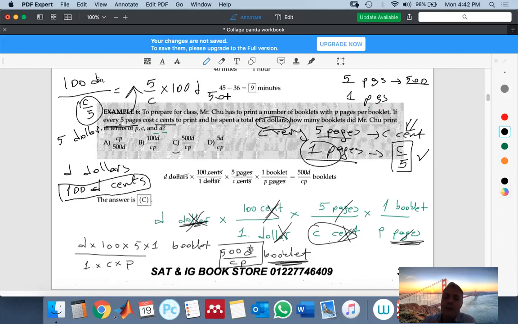So it will be 500D over C. And 500D over CP. Where is P? Pages, 5 pages. So you can use different logic also. Whichever is easier for you, you can prefer.